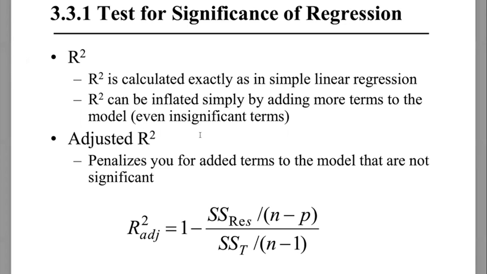In particular, if a term that's added into a model is not significant, then your adjusted R squared will more than likely decrease. So the adjusted R squared is accounting for the number of terms in the model and whether those terms are significant. And so it alleviates this problem of the R squared value increasing just by virtue of adding an explanatory variable or two.